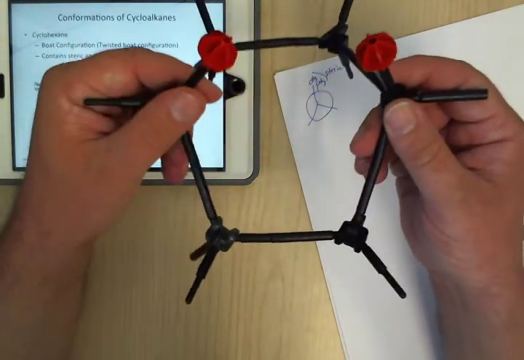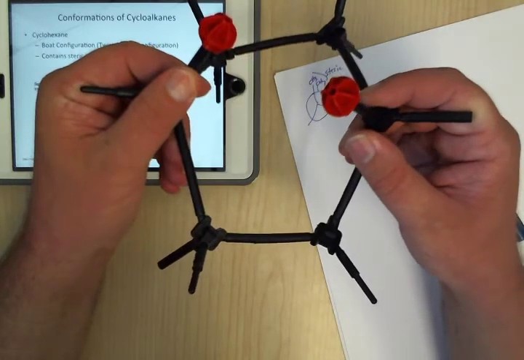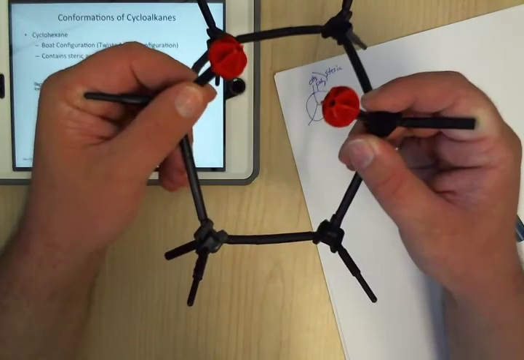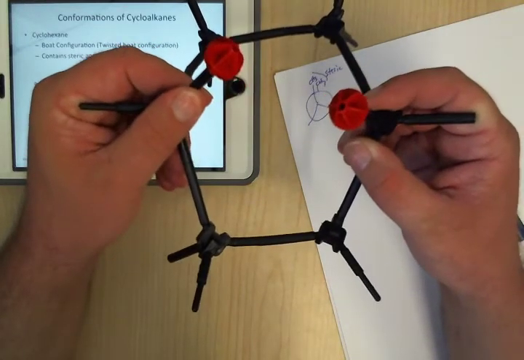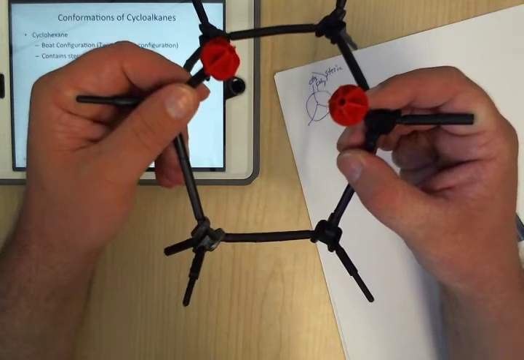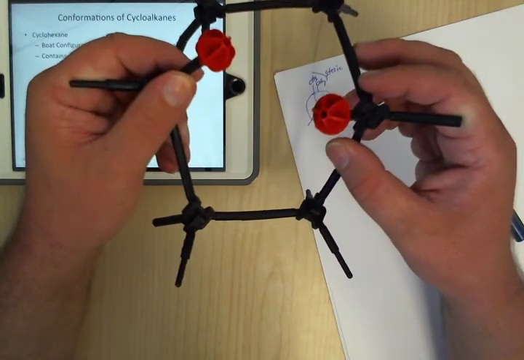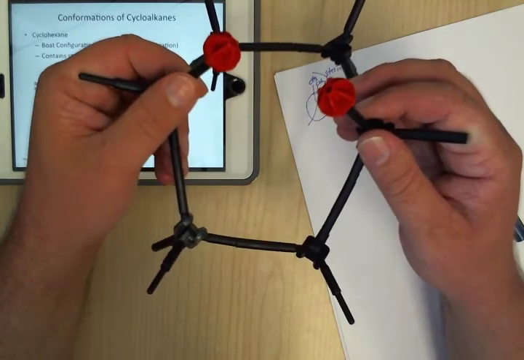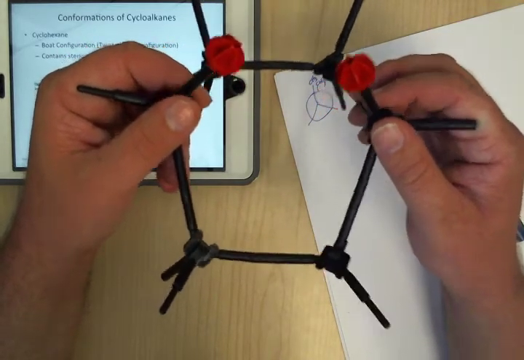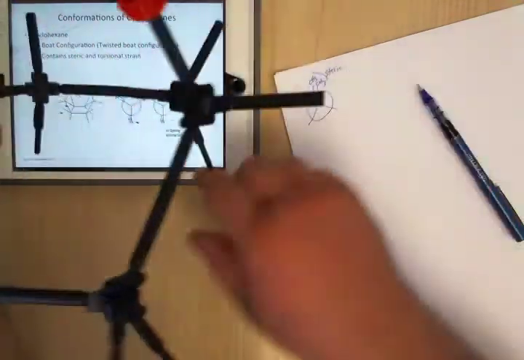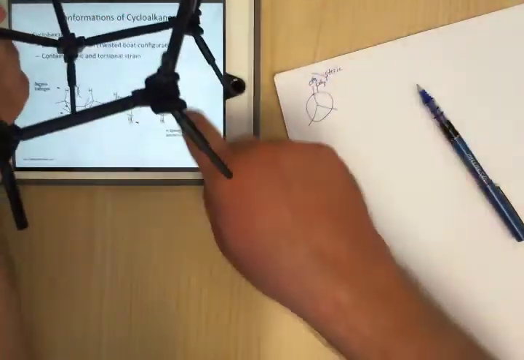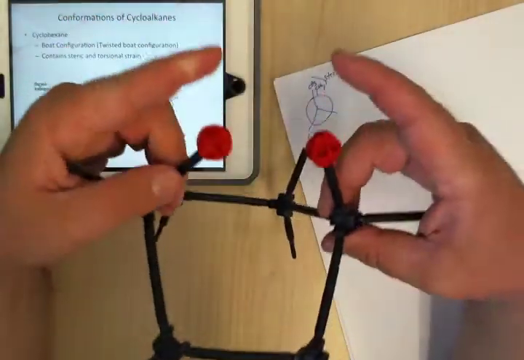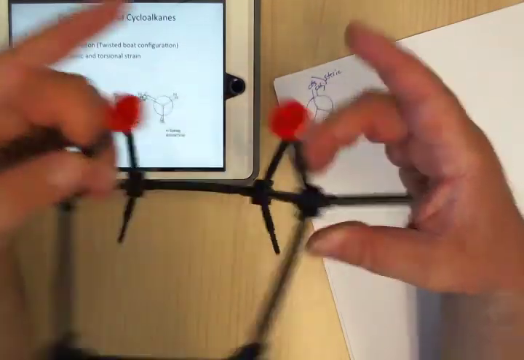Now, in this configuration, what will happen is it'll twist a little bit, so it's actually a twisted boat. It provides some torsional strain to compensate for that steric strain. But there's still some strain involved, and so it really doesn't want to be in this configuration. Everything's staggered, but you have this steric interaction here.